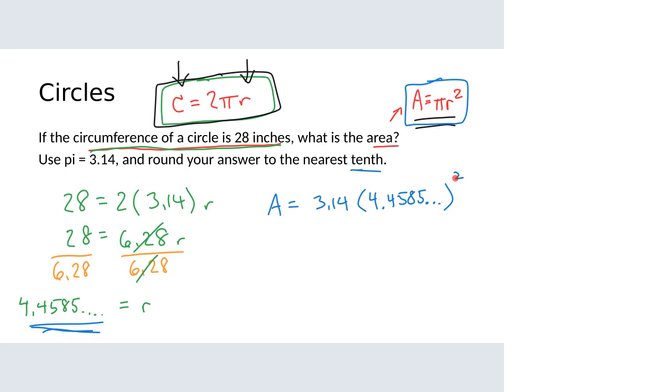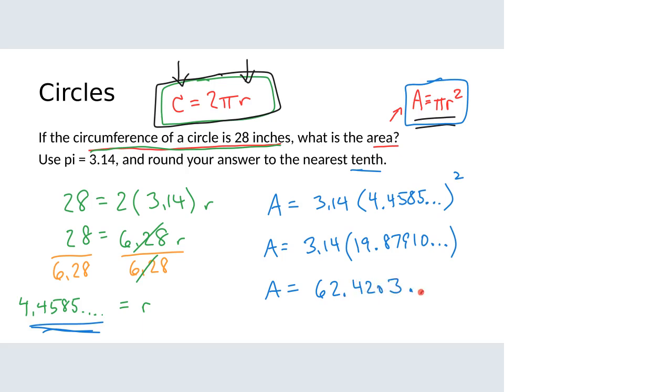I still get a crazy long decimal, but that's okay because I only have one thing left to do, and that's multiply by 3.14. At this point, I have 3.14 times 19.87910. I'll multiply that by 3.14. And the area I get is 62.4203.